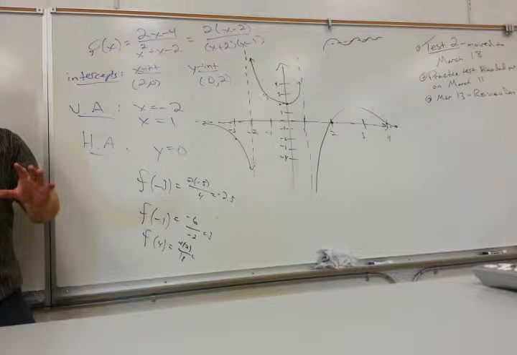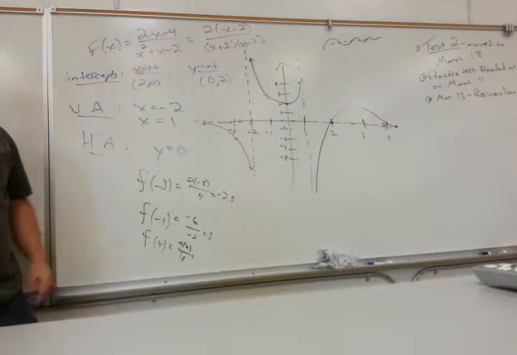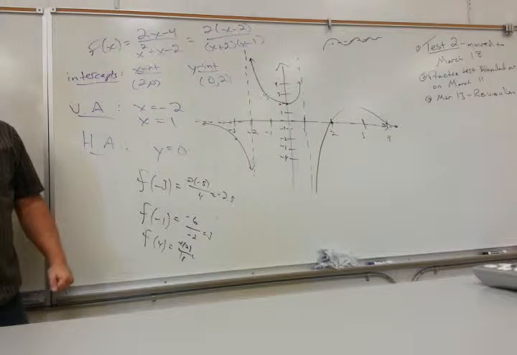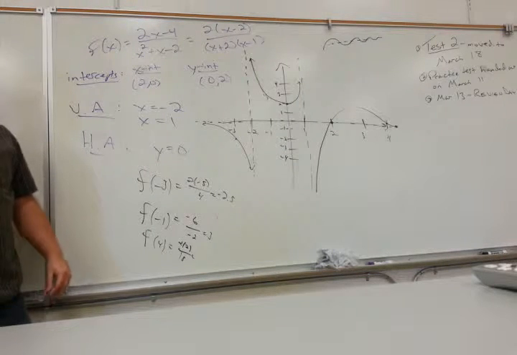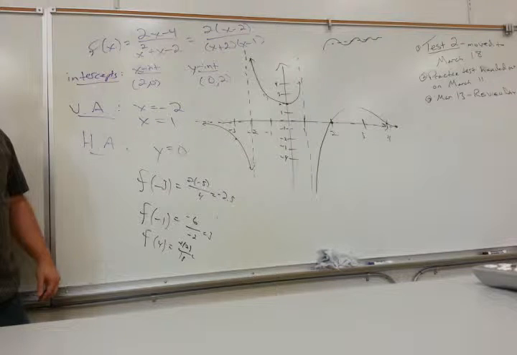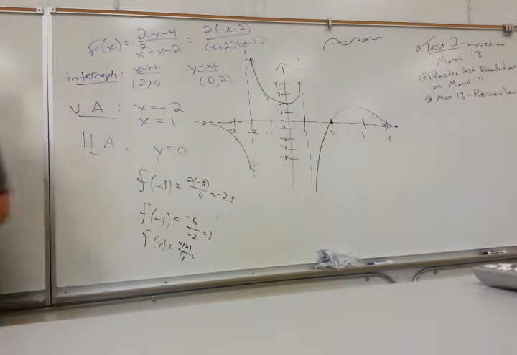How are we doing? I graphed it on here. And it wasn't fit the other way, so the parabola was going upside down. It's not pointing negative.